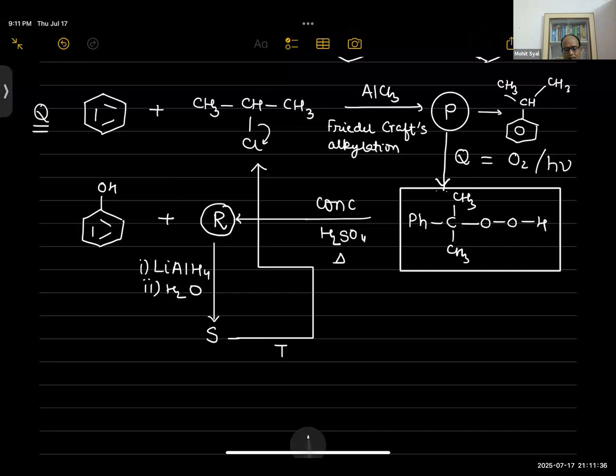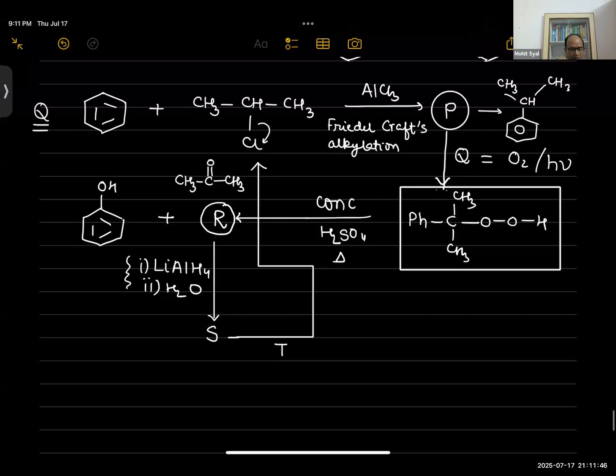This is acetone. Good. And what happens if you react acetone with LiAlH4, that we have seen in yesterday's class, and in today's class also, in the beginning, we had a quick recap of the previous class.